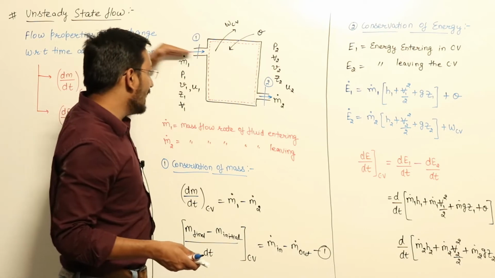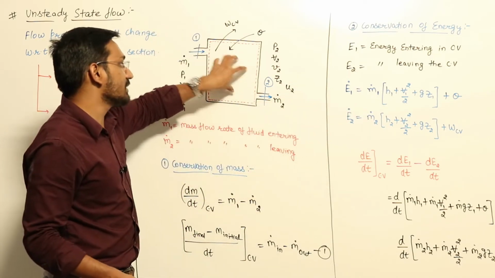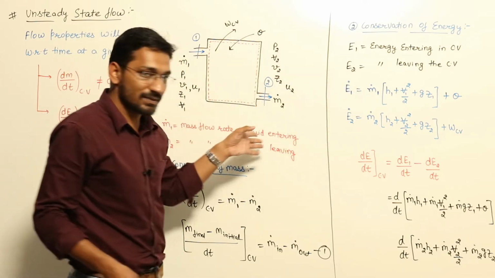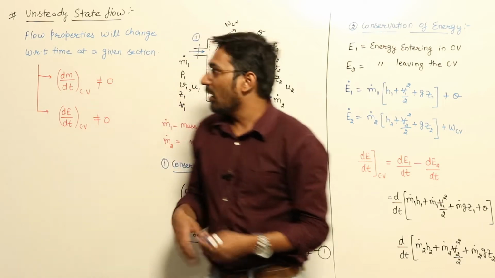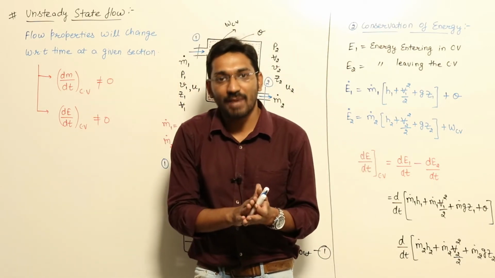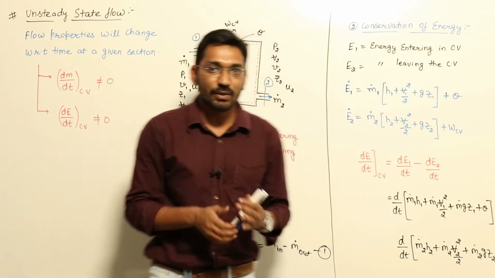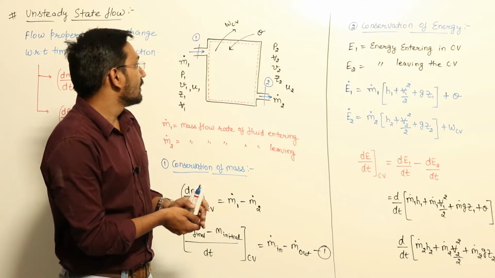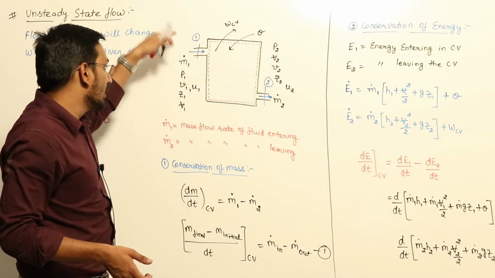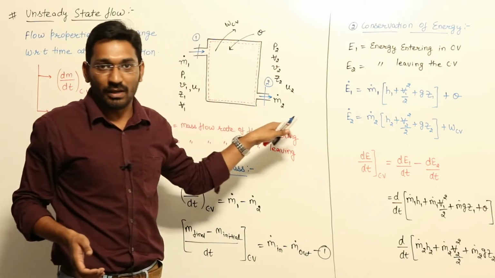Or if inlet mass is less and outlet mass is more, then some of the mass already present in the system will decrease. So in an unsteady state flow, dm/dt of the control volume is not equal to 0, and it is equal to the difference between the mass flow rate at inlet and the mass flow rate at outlet.